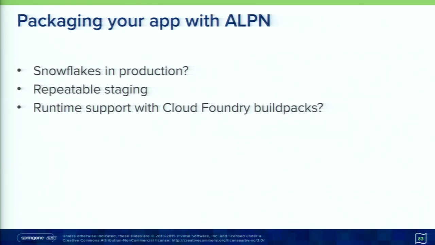Another problem that is not yet decided upon is how do you package your application with that ALPN problem? You probably don't want to package your executable jar and then deal with an ALPN jar and push that to production. Or do you want all those snowflakes in production with specific scripts because you're using such a JDK and ALPN? Or maybe you want repeatable staging and a way to reliably send your application to production.